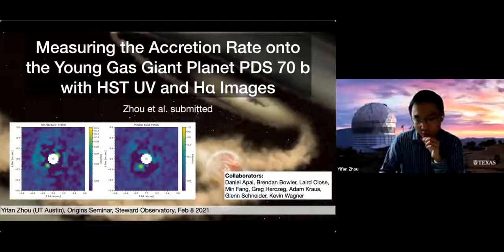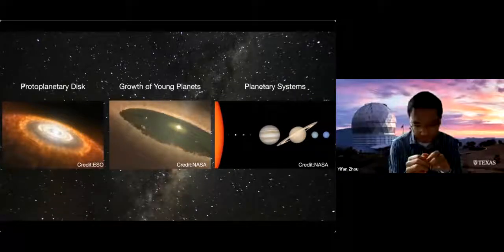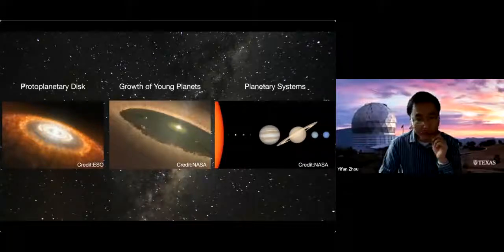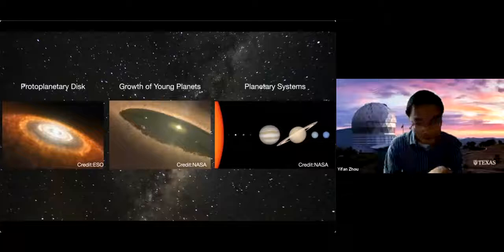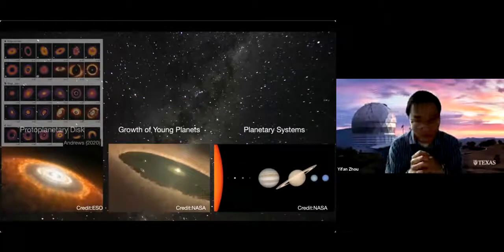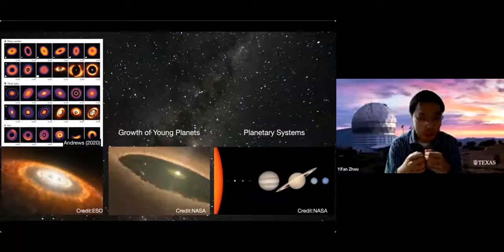So to show how exciting this is for planet formation, from the very beginning of the protoplanetary disk to the forming and growth of young planets, all the way to mature planetary systems. At the very beginning, thanks to ALMA and a lot of AO images, we have observed a lot of beautiful circumstellar disks, and we found that they have very rich features, including rings, gaps, arcs, and spirals.